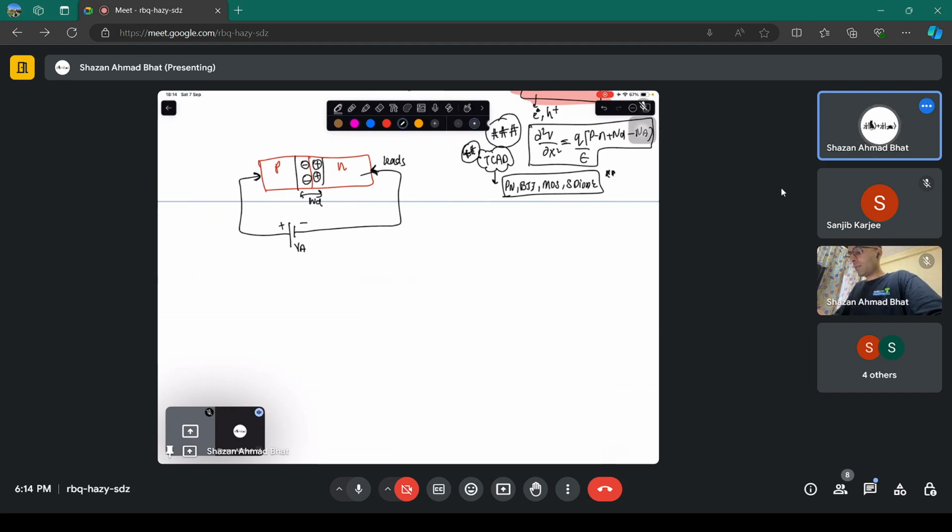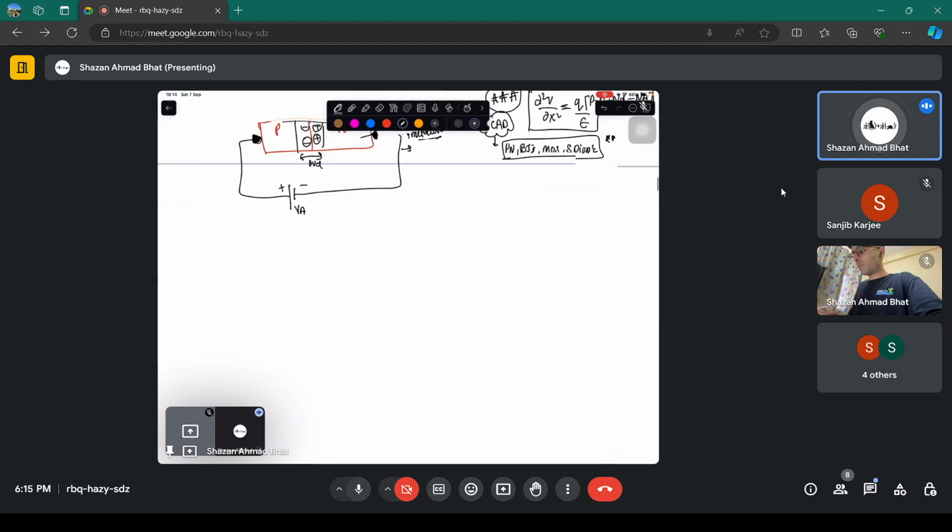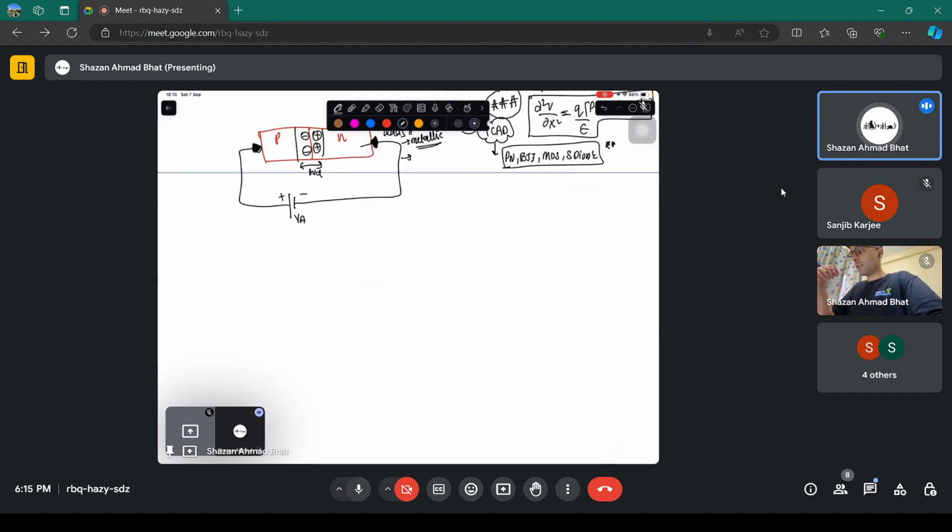Whenever you apply some voltage with the help of leads or probes, you have to connect them to a certain region, and these wires are metallic, so they are not semiconducting anymore. So you are connecting a metal to a semiconductor. That's our next problem. We want to understand what happens when you connect a metal to a semiconductor. This is going to be our next topic.